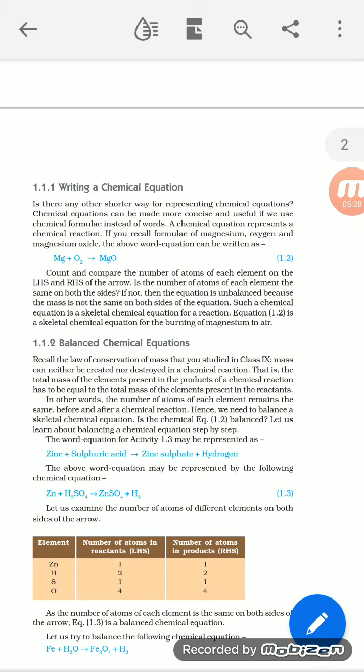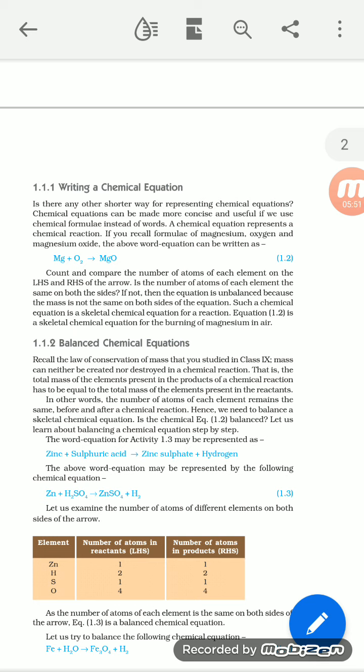How many magnesium atoms are there? One. How many oxygen atoms are there in the reactants? Two. In the product, magnesium is 1, the same as in the reactants. But oxygen is 2 in the reactants, and in the product oxygen is 1.